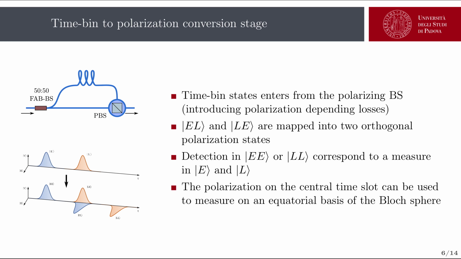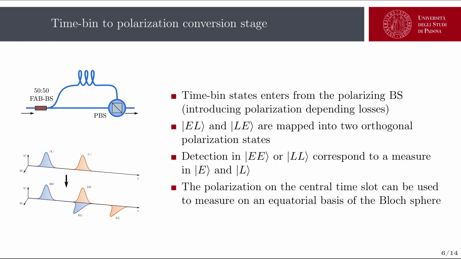In this configuration, the light entering from the two ports will be mapped into two orthogonal linear polarization states at the output. So the light traveling the long path will be mapped to horizontal polarization, and the light traveling the short path will be mapped to the vertical polarization, or vice versa, depending on how the PBS is connected.